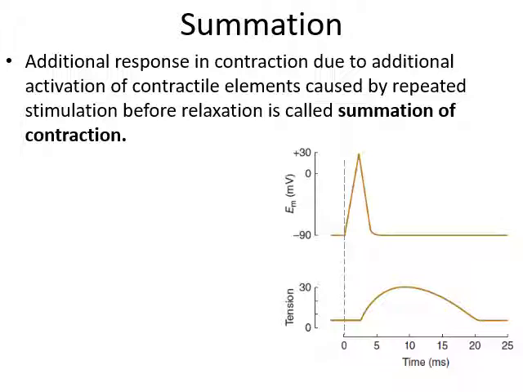If we give another electrical stimulus, there is every possibility of contractile elements getting activated and we get a contractile response. That is what is happening in summation. So by definition, it is additional response in contraction due to additional activation of contractile elements caused by repeated stimulation before relaxation.